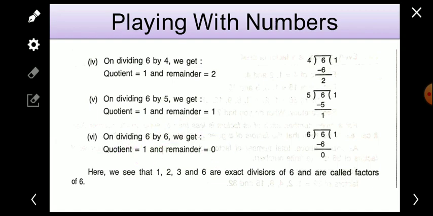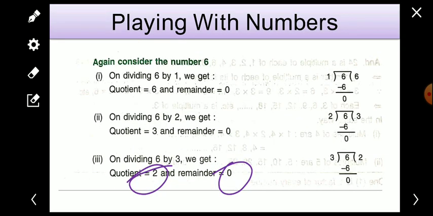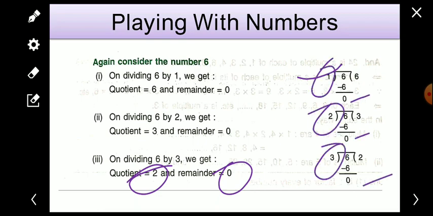So here we see that 1, 2, 3 and 6 are exact divisors of 6 and are called the factors of 6. We got remainder 0 when dividing by 1, 2 and 3, so these are exact divisors.